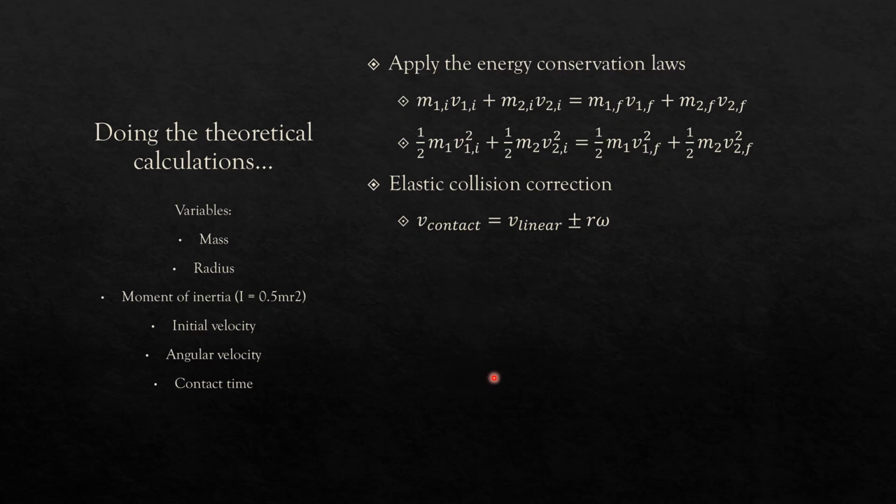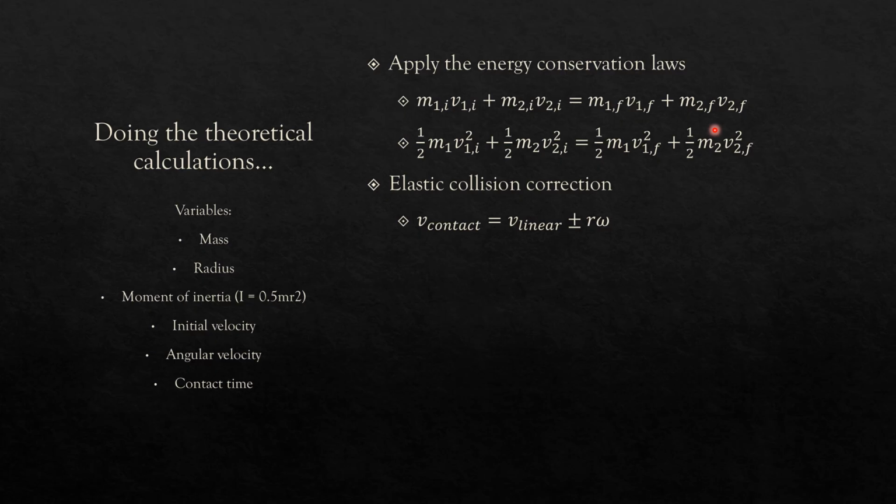So this was done through a series of calculations. You can see the variables over here. The first thing that was done was collecting the variables. Next, the principles for the conservation of energy were applied, first for the elastic collision, and then this also applied to the initial and finals, equaling each other for the velocities as well as the momentums.